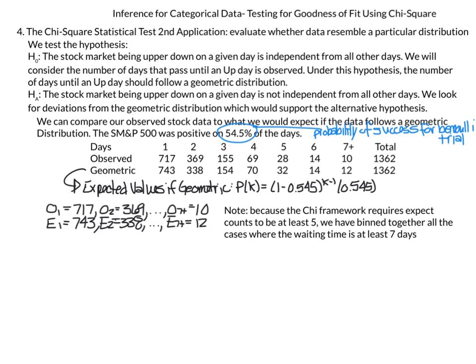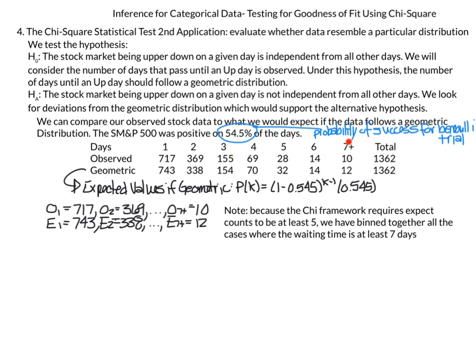So out of our total of 1,362 days, we see that in 717 cases we observed that we only needed one day before to predict an up day. Here we had 369 cases where we had to go back 2 days for the previous up day. Here we had 155 cases where we had to go back 3 days for a previous up day.